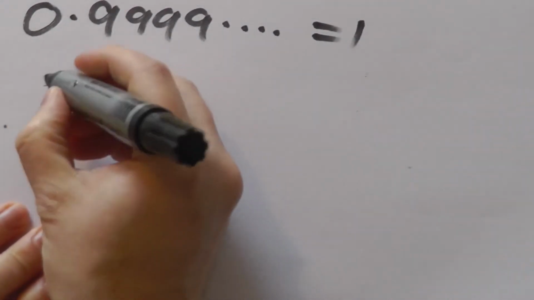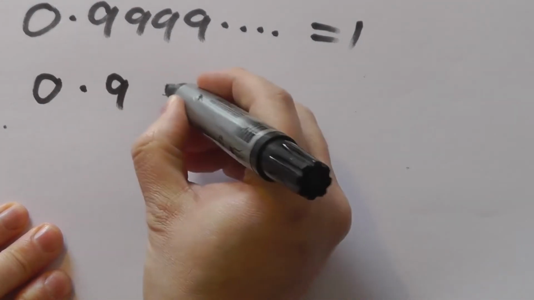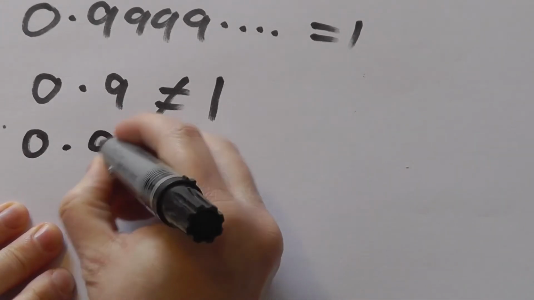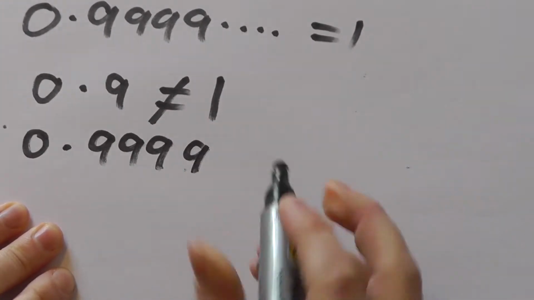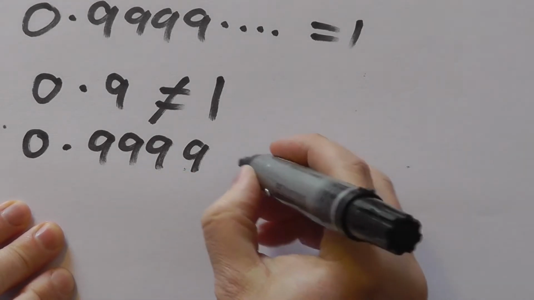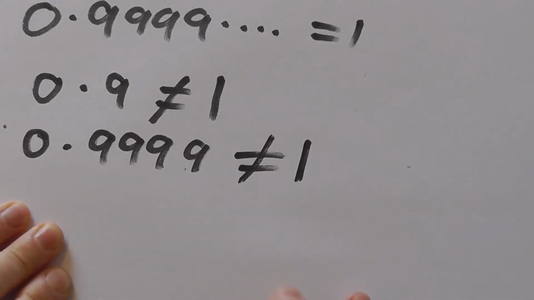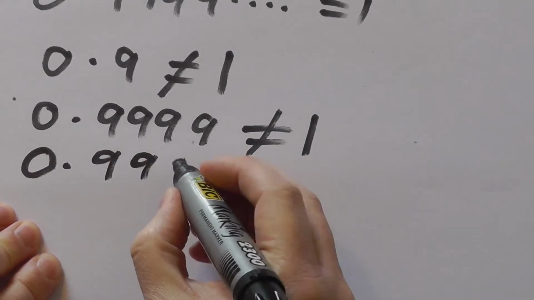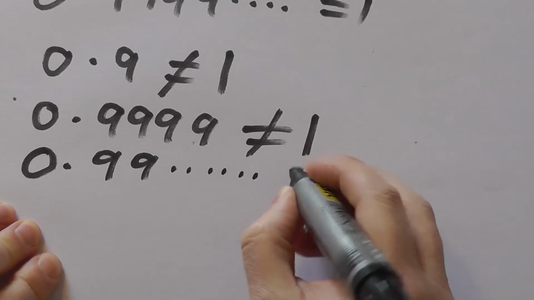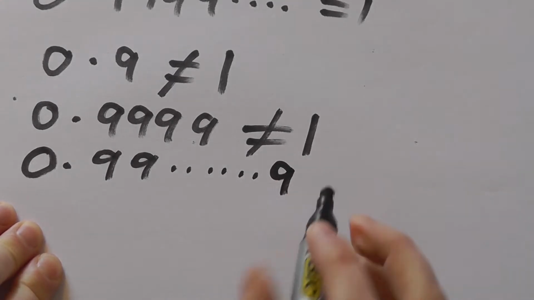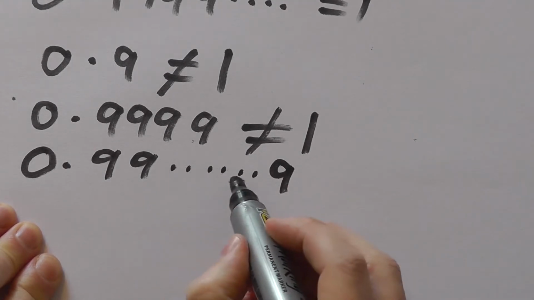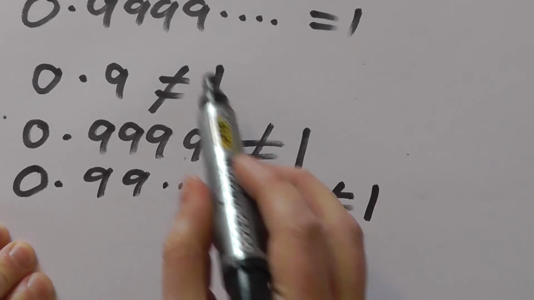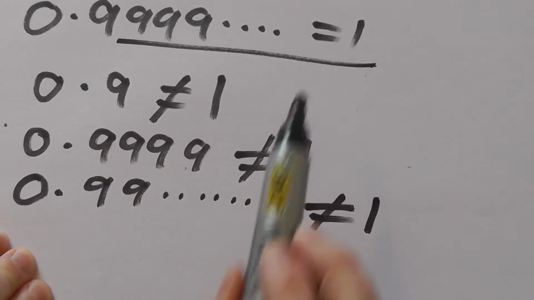For example, 0.9 clearly doesn't equal 1. 0.9999 full stop clearly does not equal 1. 0.99 and then a million more 9s, but then a 9 at the end. This doesn't go on forever, but it goes on for a very long time, and still does not equal 1. But I'm saying that this does equal 1.